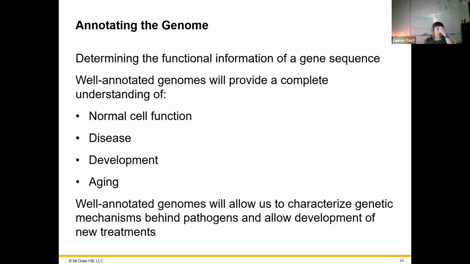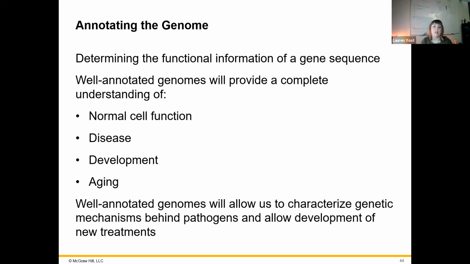In determining the functional information of that gene sequence and what protein it's going to make and how useful it is, that can be tricky, but all we really have to go off of is identification of other genes in other organisms, basing our results on what is known, right?